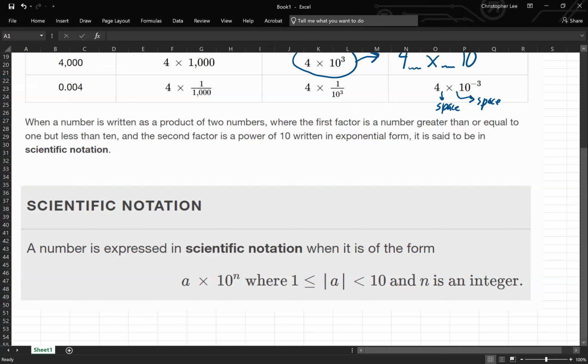So you can't have, for example, 11.321. That's not scientific notation, right? And you can't have 0.123. That's not scientific notation. Go ahead. It could be negative. Yeah, it could be negative and the power could be negative also.